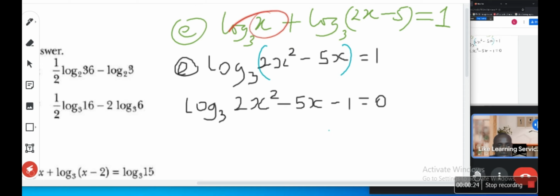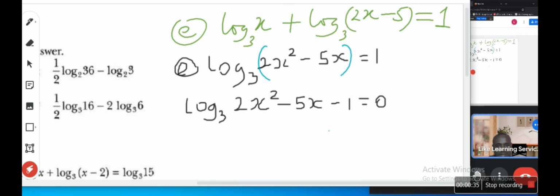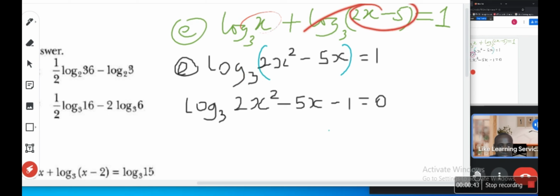Log x times 2x minus 5, all in base 3, right? Yes, that's correct, because they are all in the same base. So you simply said x times this, all in base 3, and that gives you 2x squared minus 5x, right? Equals 1.